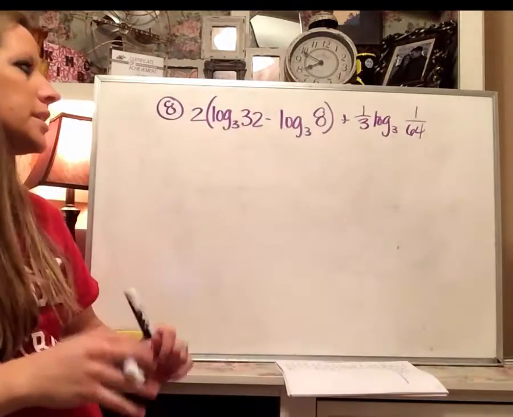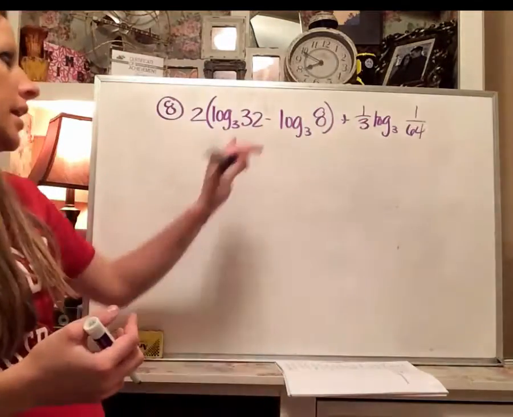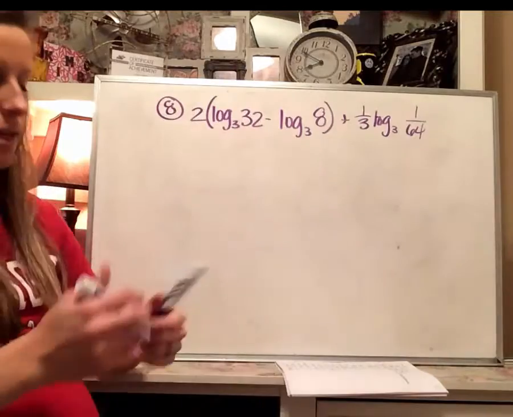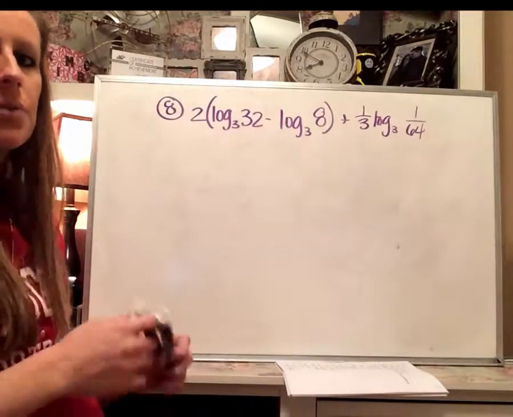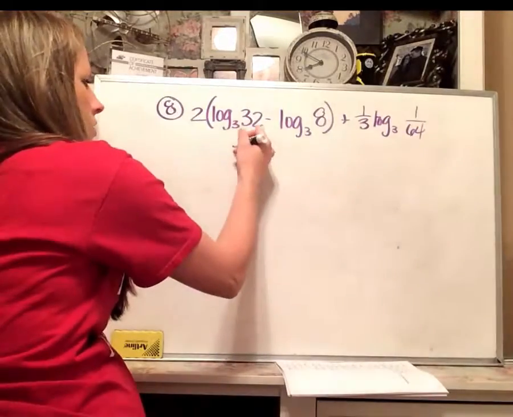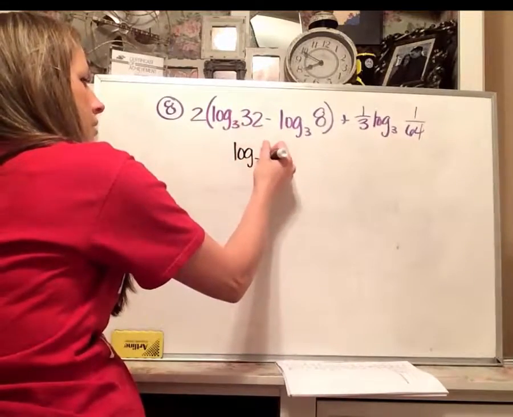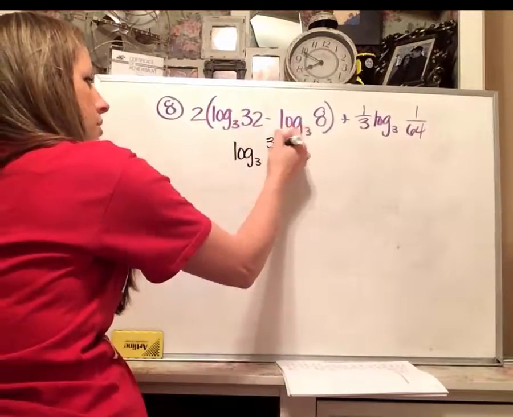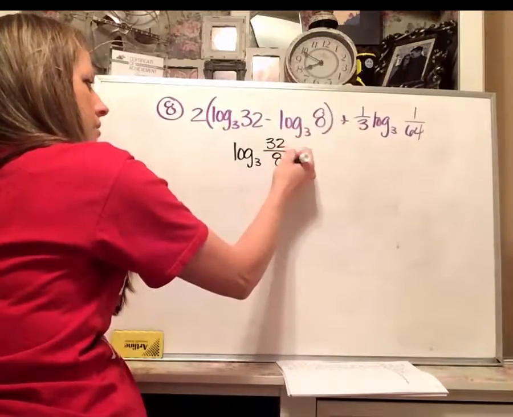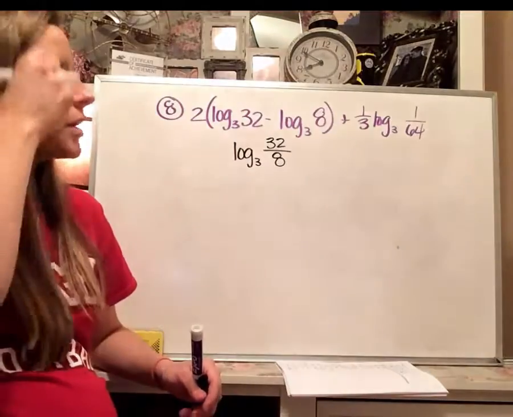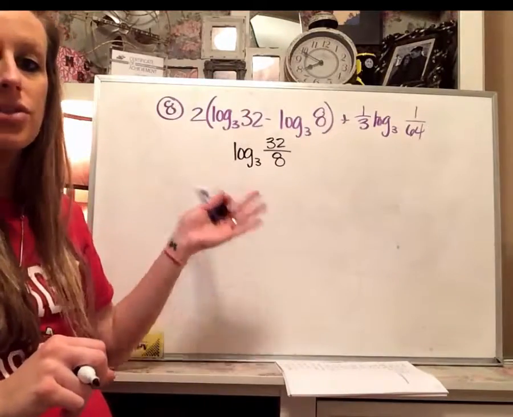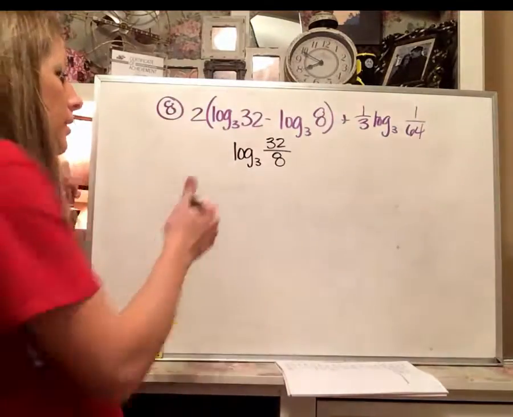So we're going to do what's in parentheses first. And in parentheses we're subtracting. So if we want to condense it, we're going to divide. So log base 3 of 32 divided by 8. Now, since we don't have any variables here, we can actually figure out what 32 divided by 8 is.